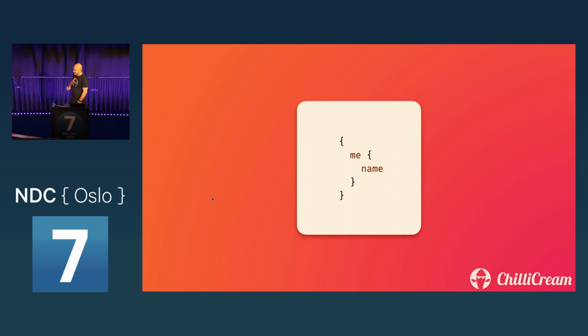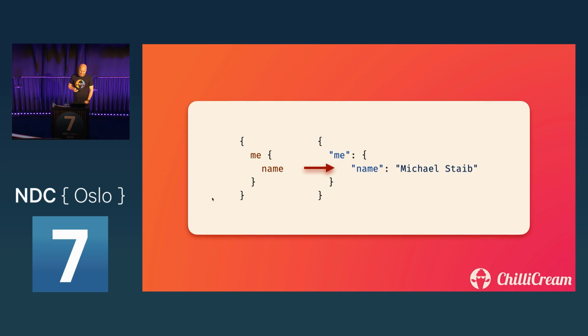In this request, for instance, which is similar to the first request I showed you in REST, we are essentially fetching from the currently signed-in user, me, the name of that user, just the name. And if we send that to our GraphQL server, we get back exactly what we asked for. It almost looks like the GraphQL server filled up the request graph with some data. It's not like that, we will see that in a bit, but it's a good mental picture to start thinking about that problem.